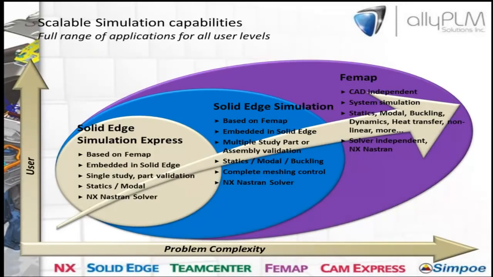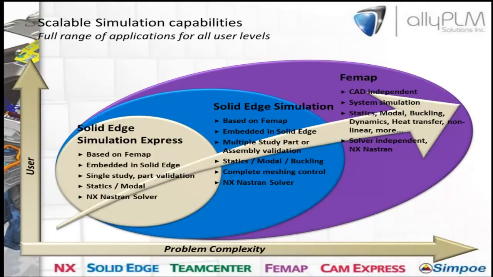Now, as far as product offerings are concerned, there are 3 product offerings: Simulation Express, full-blown Simulation, and FEMAP. Starting off with FEMAP, as the problem complexity increases, for more complicated analysis types, we use FEMAP. It gives you a broad range of analysis types, such as buckling, dynamic, and nonlinear analysis like heat transfer.